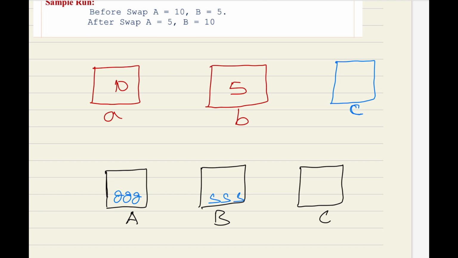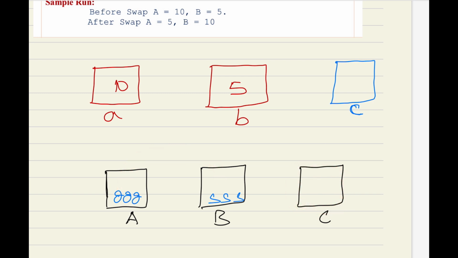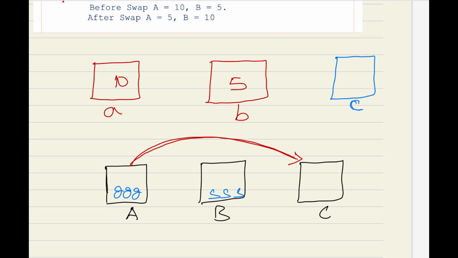So how can we exchange the contents of box A and B using another empty box C? For this, first we can move all the gold items from box A to box C. So I can move all the gold items that are in box A to box C, which is empty.